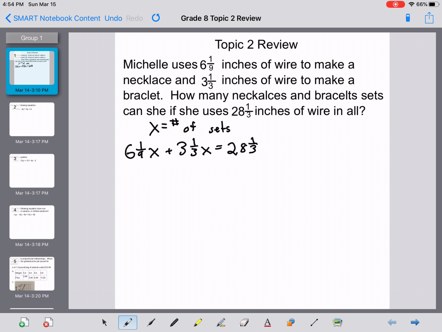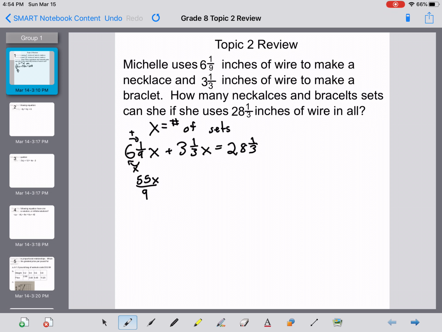If I turn 1/9 into a decimal, I get a repeating decimal. So I cannot use that in my problem. So I'm going to turn all of my fractions into improper fractions. 6 times 9 is 54, and then add 1, I have 55 over 9.